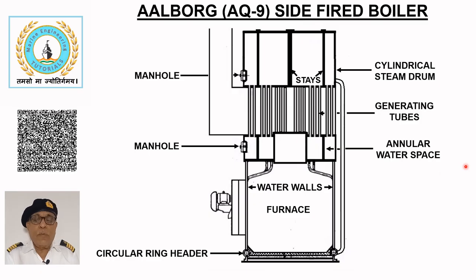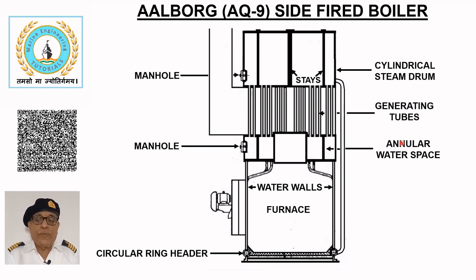The furnace is surrounded by a row of closely pitched membrane wall tubes, which are connected at their lower ends to the circular water header in the form of a ring and at their upper ends to the annular water space.